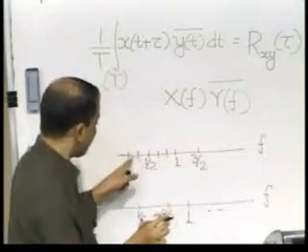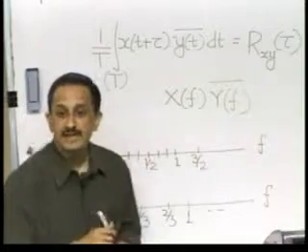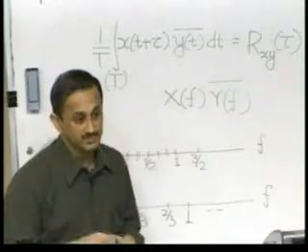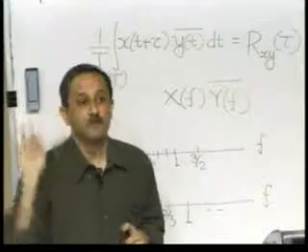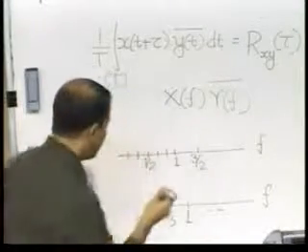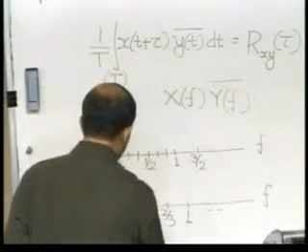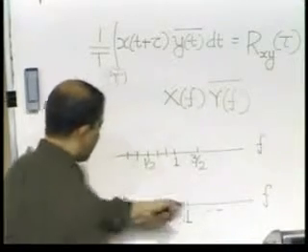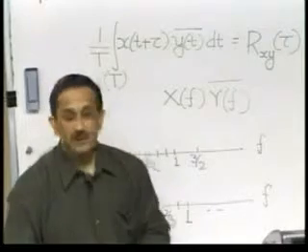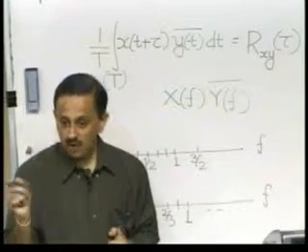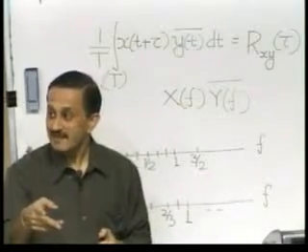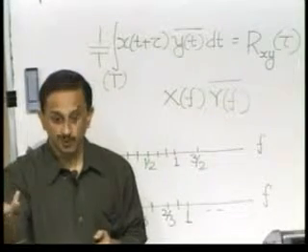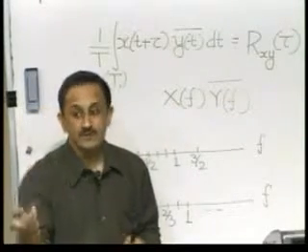And one must think of all the other points on the frequency axis as having 0 amplitude, so the Fourier component is 0 at those points. The same thing here, so this is 2 by 6: 1 by 6, 2 by 6, 3 by 6, 4 by 6, 5 by 6 and 6 by 6. So at all points which are not originally there in the spectrum, I make the spectrum 0.